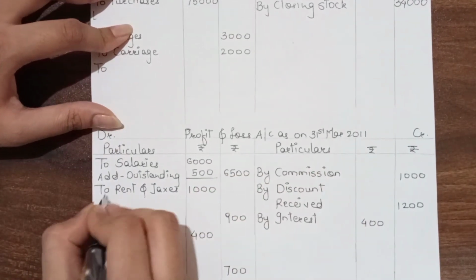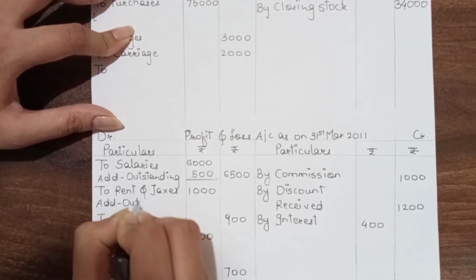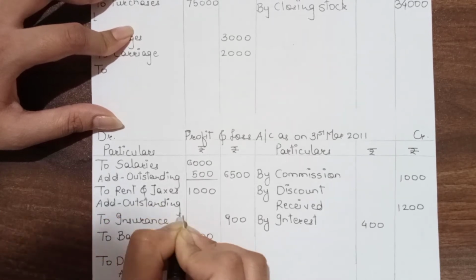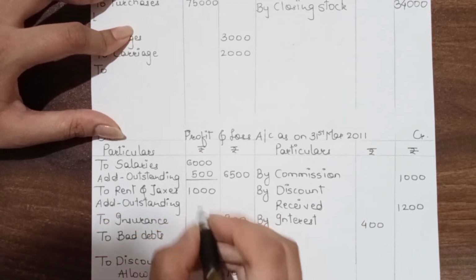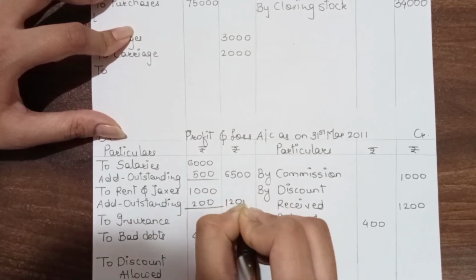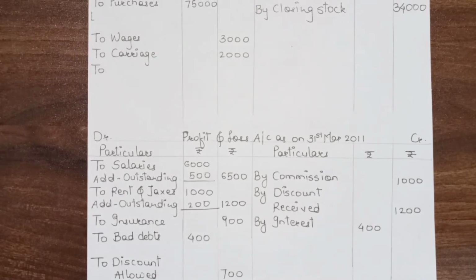Okay, and again here for rent, outstanding amount is 200. So final amount is 1,200. So this is how outstanding is calculated.